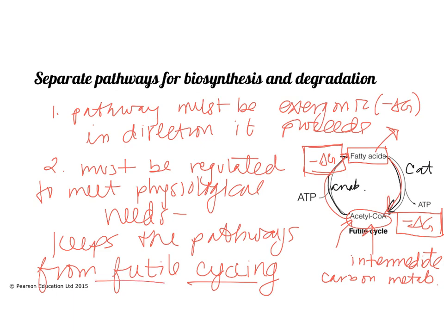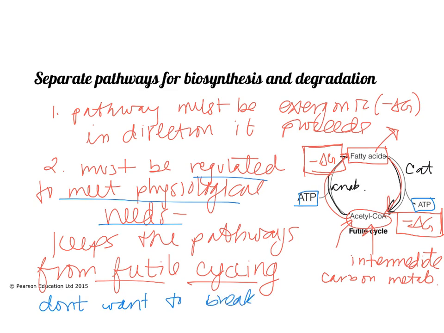Okay, so this diagram that I have drawn all over and looks like a giant hot mess at this point is a futile cycle, meaning that in one direction ATP goes in and the other direction ATP comes out, and overall there's no net generation of ATP in either direction. And so it goes around and around and around again, and being able to regulate the pathways to meet physiological needs means that you don't want to break down a fatty acid at the same time that you're trying to make a fatty acid.